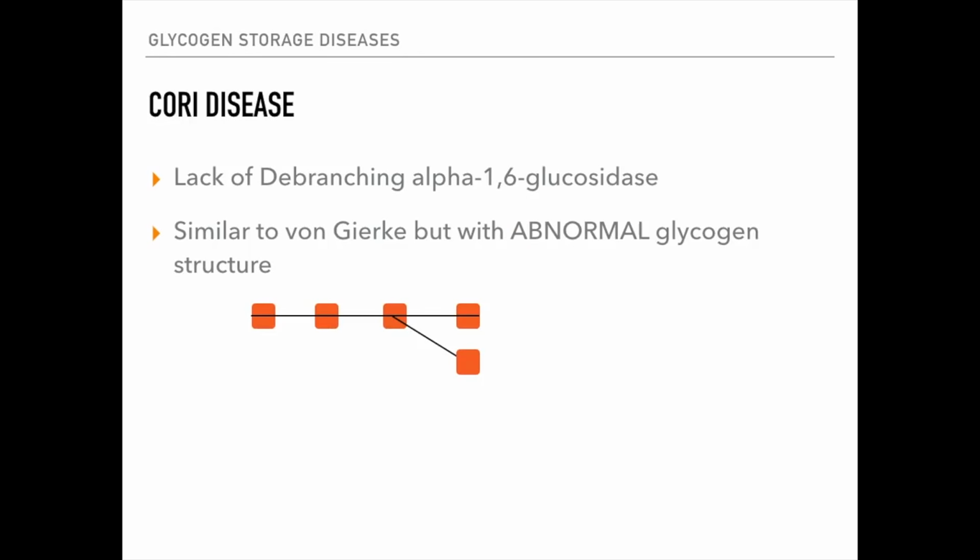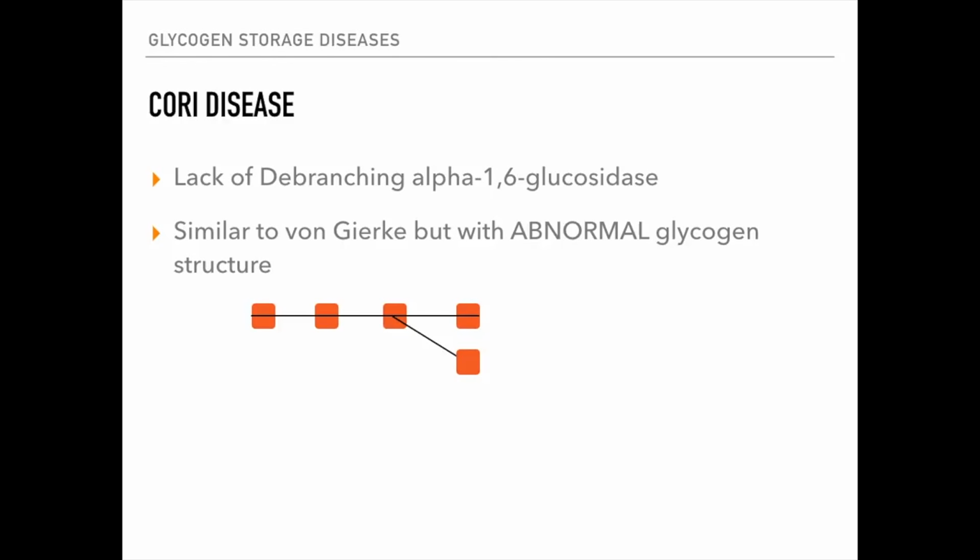So CORI disease and von Gierke disease are very, very similar. The only difference is that in CORI disease, you have an abnormal accumulation of this super branched glycogen structure that cannot be cut and debranched because we lack the debranching alpha-1,6-glucosidase enzyme. So it's very similar to von Gierke, with an abnormal glycogen structure.